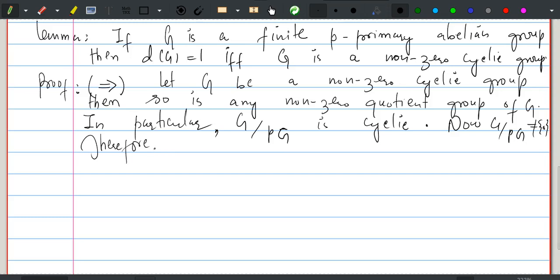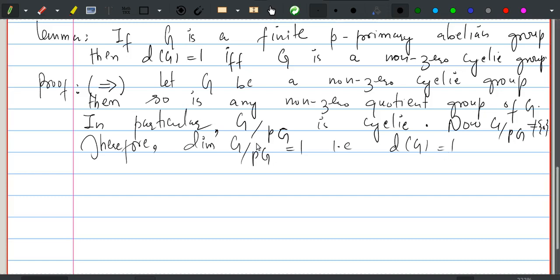Therefore the dimension of G/pG is 1, i.e. d(G) is equal to 1. So this dimension is over some finite field F_p.